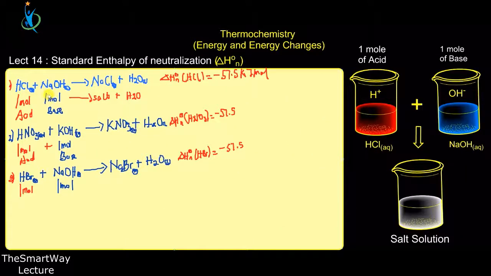So this is how we can also define the standard enthalpy of neutralization: with respect to the quantity of water produced in each case. Here the quantity of water produced is 1, here also 1, and here also 1.